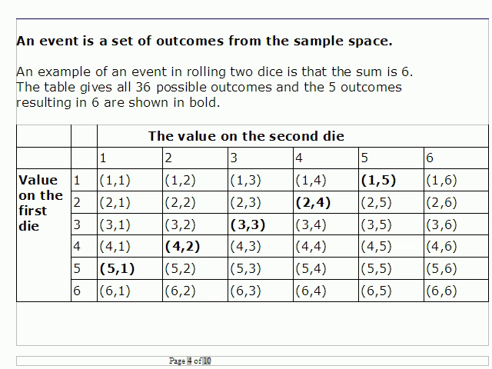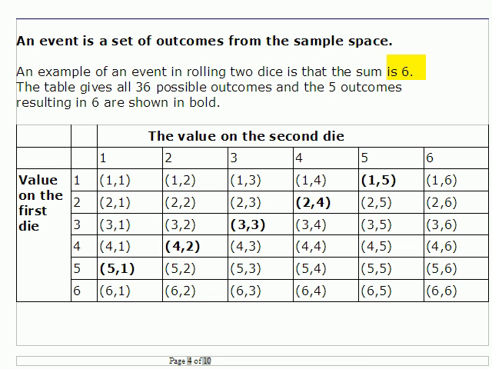Now, an event is a subset of the outcomes. Of all your outcomes in your sample space, you'll select something to try to find out its probability. For example, say you're rolling 2 dice, and you want to find the probability that the sum of the faces of the 2 dice is going to sum to 6. So how many possible outcomes do you have rolling 2 dice? If you roll 1, you've got 6.